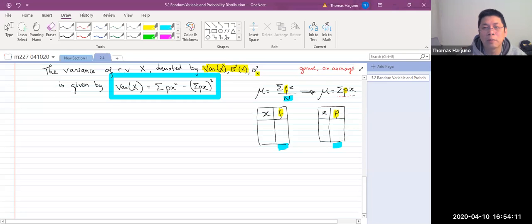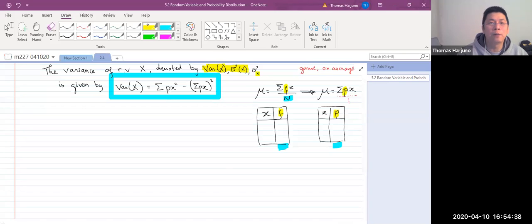The total probability has to be 1. So if you memorize the formula we have from the past, then it will be quite easy to remember the current formula, because you basically change the f to p, and the capital N now becomes the total probability 1.